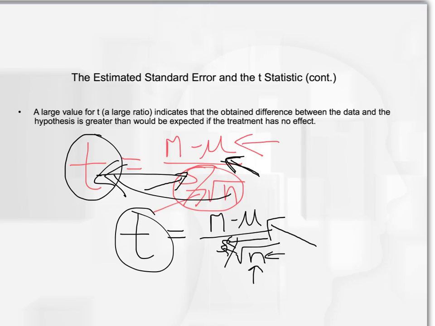As your variability gets greater, t tends to get smaller. As your sample size gets greater, t tends to get greater, because as you divide a larger number into the same difference, this becomes smaller. You divide a smaller number into that obtained difference, this becomes larger. So try to understand those differences.